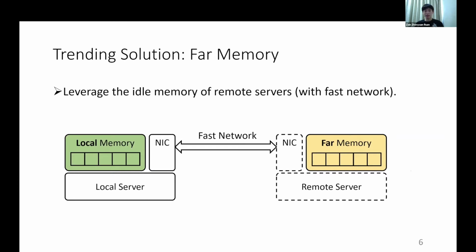As we see in this diagram, the local server can access the far memory using the network. Thanks to the narrow performance gap between network and DRAM, far memory may offer performance comparable to the local memory. In far memory systems, when running out of local memory, instead of killing the task, the OS swaps out some data to the far memory to make room.